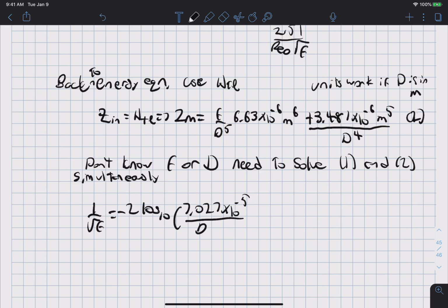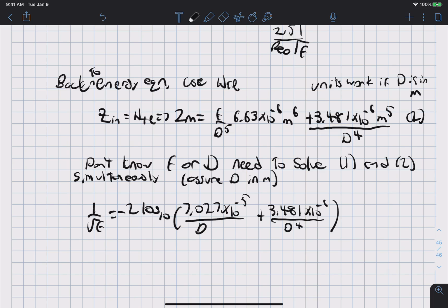And again, I'm dropping the units where we'll assume d is in meters, because we've already done the unit cancellations. If we do that, plus 3.481 times 10 to the minus 6 divided by d to the fourth. And so that's equation 1.